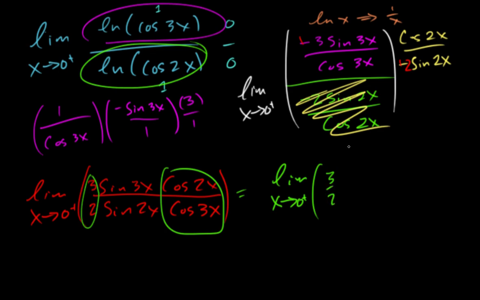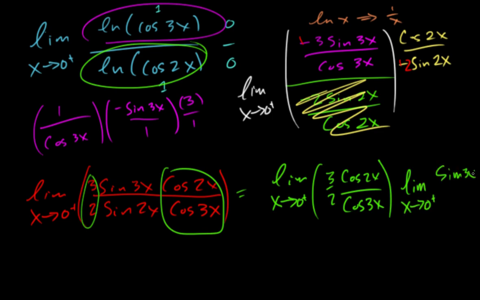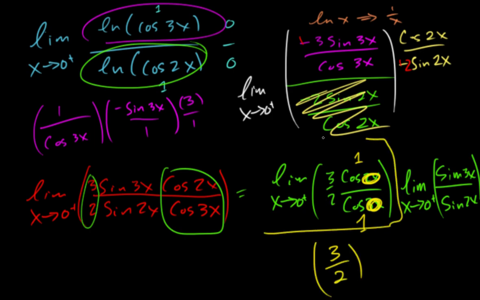So we have 3/2 times the limit of cosine 2x over cosine 3x, and then we'll multiply that by the limit of what's remaining. Now if we plug in our limit right here, we're going to get a 0 and a 0. Cosine of 0 is 1, 1 over 1. So 1 times 3 is 3, 1 times 2 is 2. So this entire thing became 3/2.